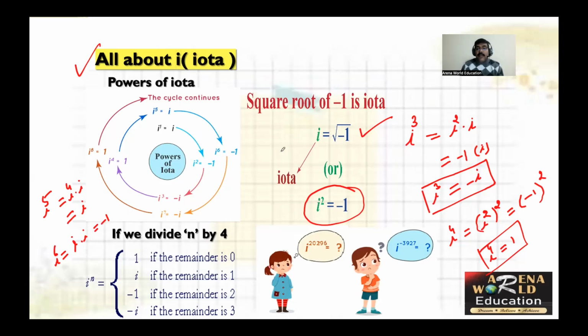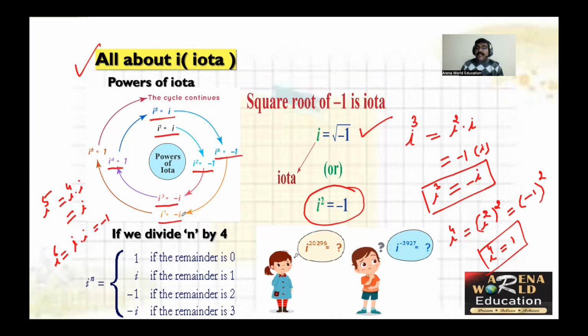Initially, iota was under root minus 1. Right? Or simply iota raised to power 1 is iota. Then iota square is minus 1. Then iota cube is minus iota. Iota raised to power 4 is equal to 1. Iota raised to power 5 is again iota. Then iota raised to power 6 is minus 1.